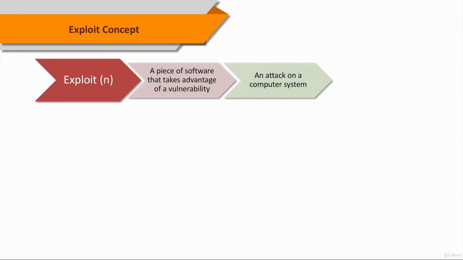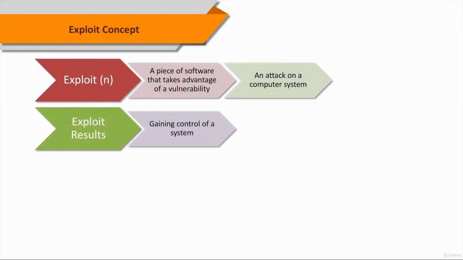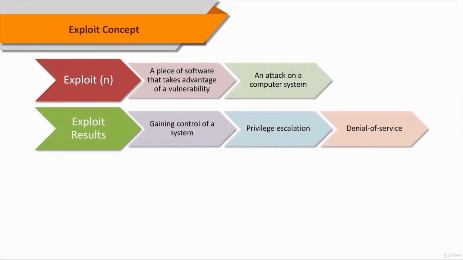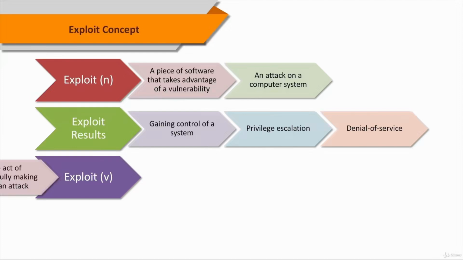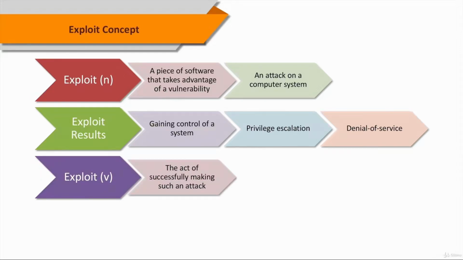An exploit is an attack on a computer system, especially one that takes advantage of a particular vulnerability the system has. Such behavior frequently includes things like gaining control of a computer system, allowing privilege escalation, or a denial of service attack. Used as a verb, exploit refers to the act of successfully making such an attack.